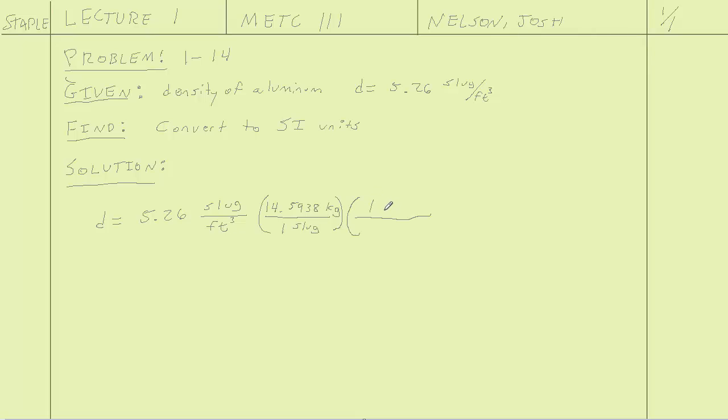So if we want to convert cubic feet to SI units, 1 cubic foot is 0.0283168 cubic meters.